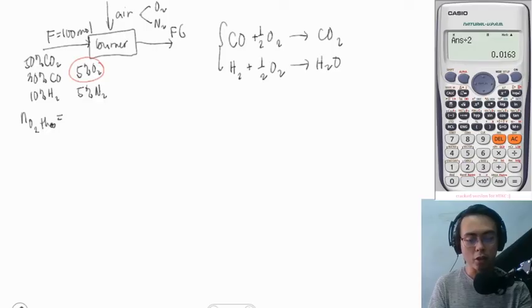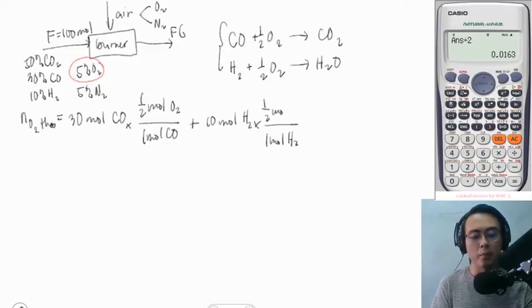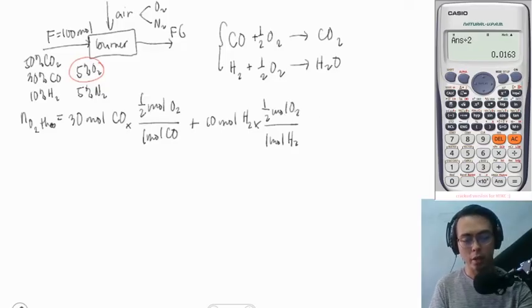If we have 30 moles of CO, by stoichiometry, 1 mole of CO is equivalent to half mole of O2, plus you have 10 moles of hydrogen, and then for every 1 mole of H2, that's equivalent to half mole of O2. And then minus, okay?